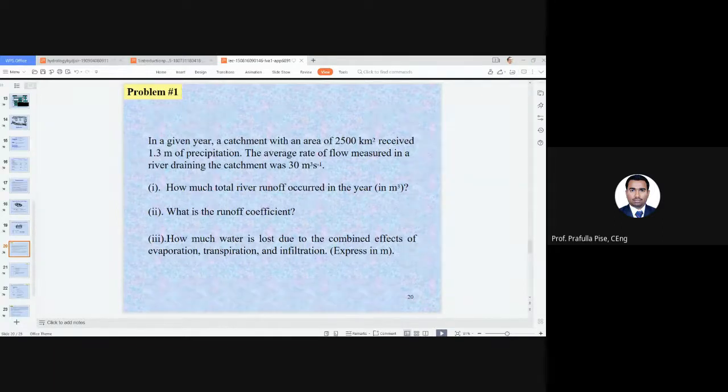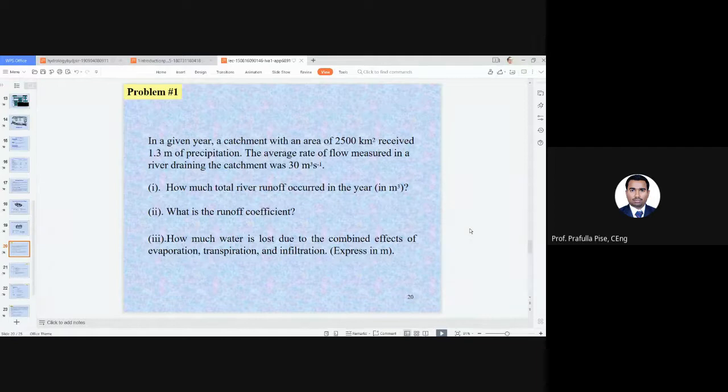So let's see. The first problem is, in a given year, a catchment with an area of 2,500 kilometers square received 1.3 meter of precipitation. So you have to pay attention to the units. The area is in kilometer square, and the precipitation is in meter.